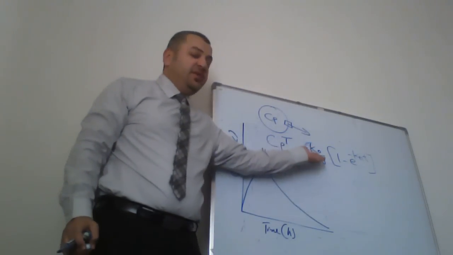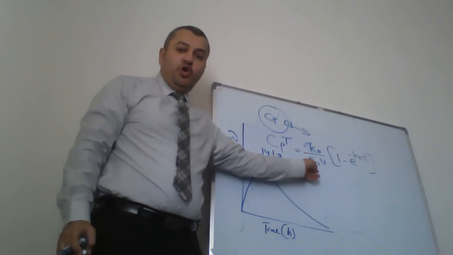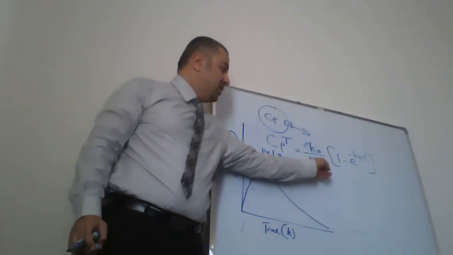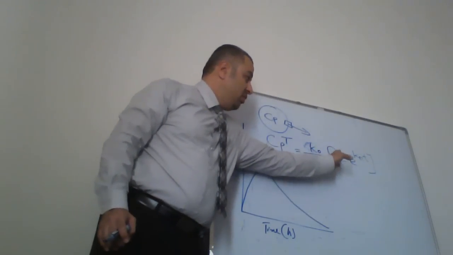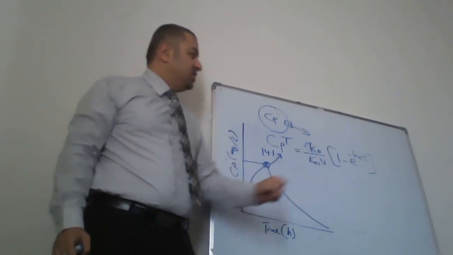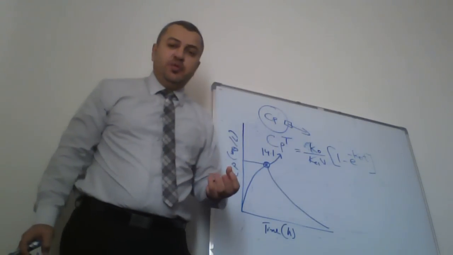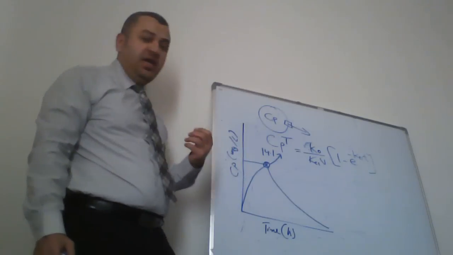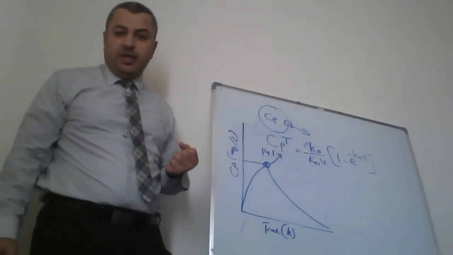So it's 735 divided by 0.17, which is the Kel of theophylline, multiplied by V, which is 25 liters, all multiplied by 1 minus e to the power of minus Kel T. Here Kel is again 0.17. T is half an hour because that's your infusion. So that's your CPT capital.